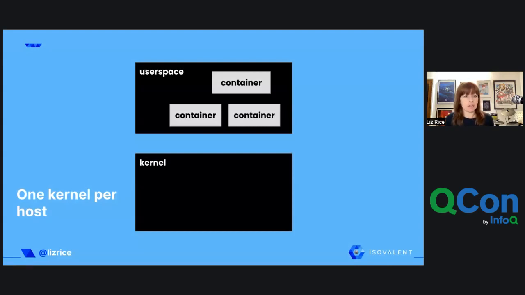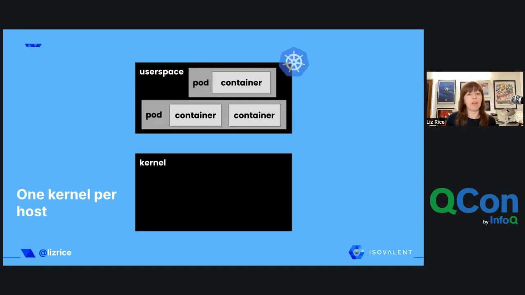In a Kubernetes cluster, we have a number of hosts, and each host has only one kernel. However many user space applications we're running, however many containers we're running, they're all sharing that one kernel per host. If they're in pods, there's still only one kernel, however many pods there are.